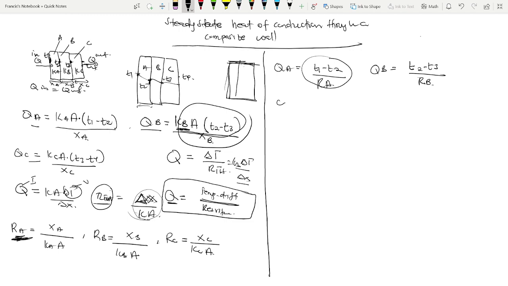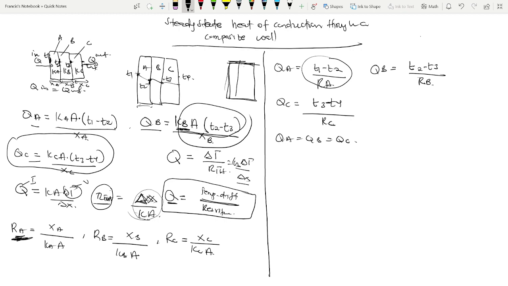And then our QC will now be T3 minus T4 all over RC, right? Yes.